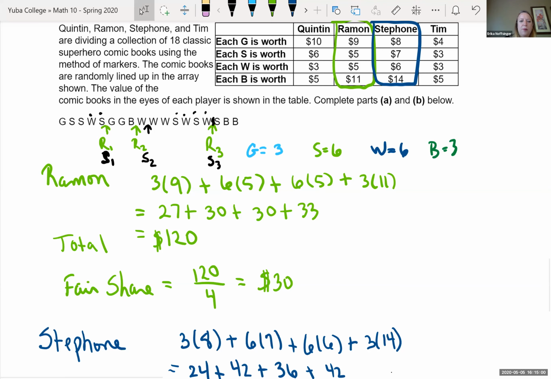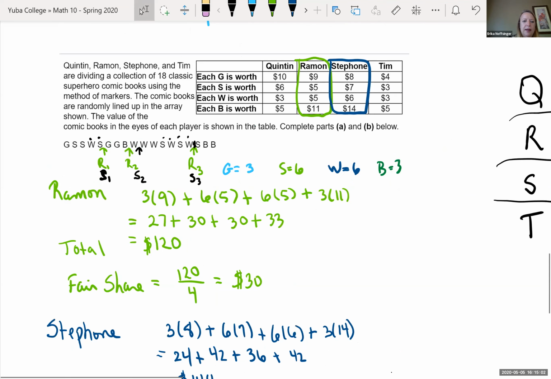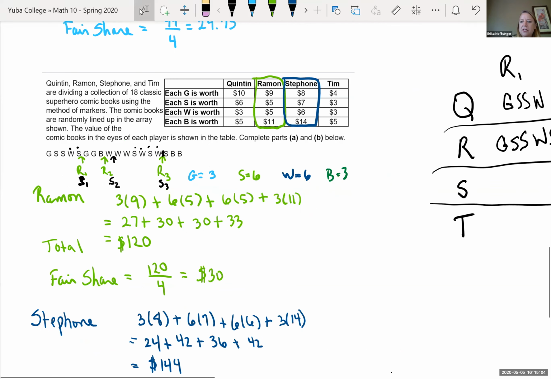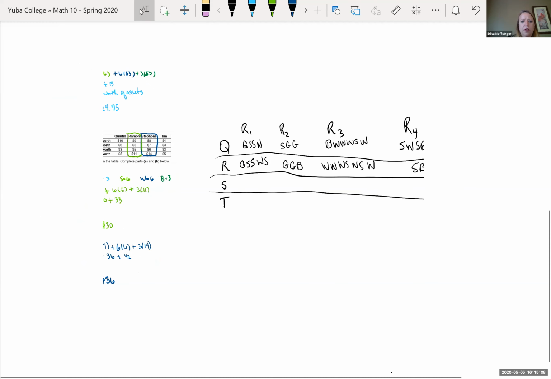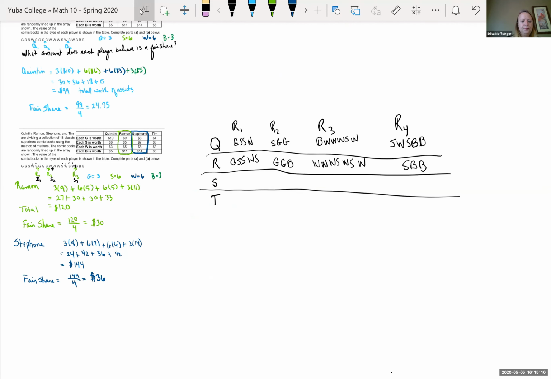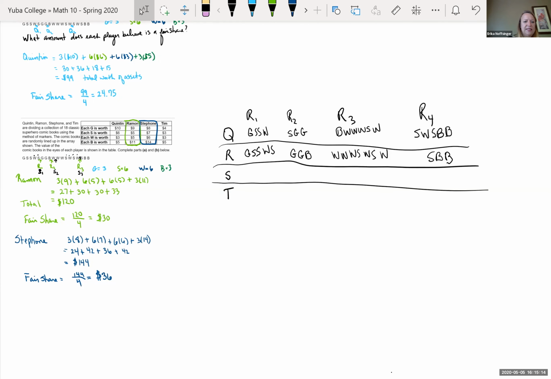Okay, so I'm just going to go back to my table real quick, and I'm going to just put in his values for round 1, round 2, round 3, round 4. Okay, so S1, he had the same as Raymond for round 1. He has GSSWS.